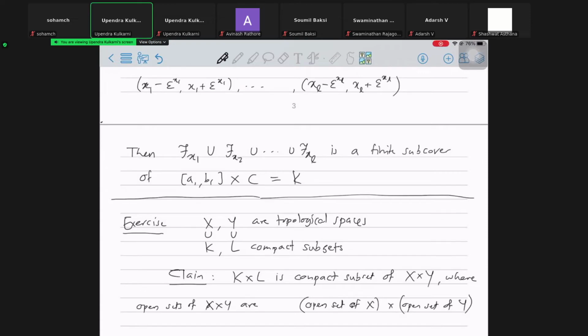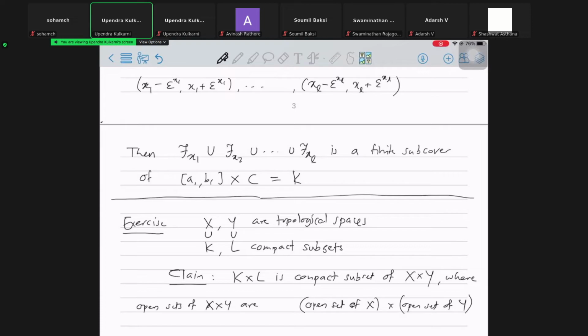Yeah, this works, right? Because what does it mean to take intersection of two things? You have to have both conditions. The first one is saying first slot must be in U1 and second slot must be in V1, and first slot must be in U2 and second slot must be in V2. That's really the same thing as saying first slot must be in U1 intersection U2 and likewise in the second slot. So intersection works well, but union just does not, you see.